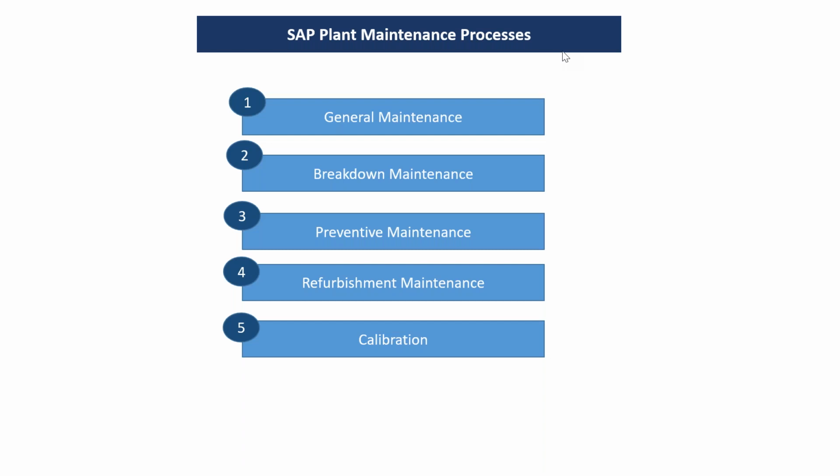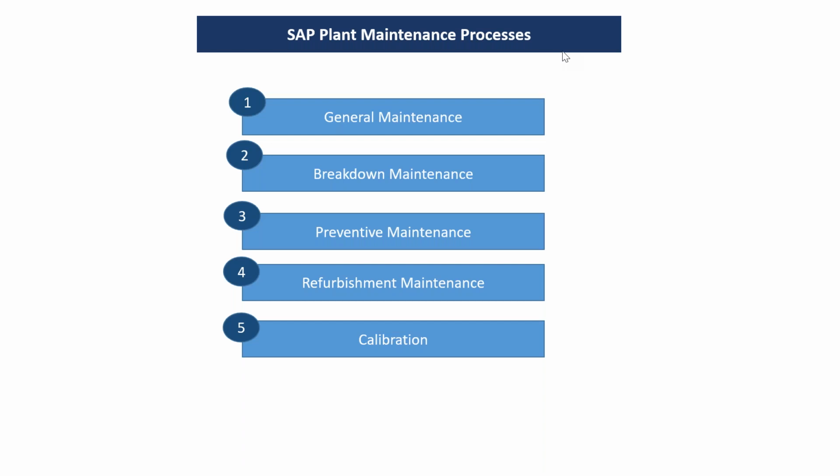So here is the SAP plant maintenance process. These are some standard processes which we can cover in SAP. First is general maintenance. Let's say you inspected something and based on your observation you want to do some maintenance, in that case you can use the general maintenance process.